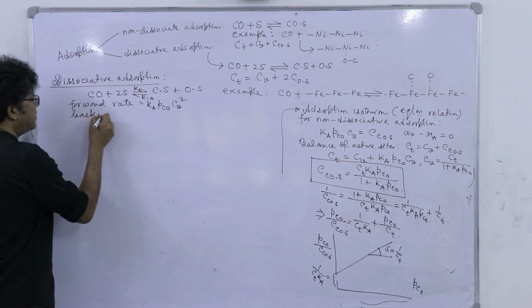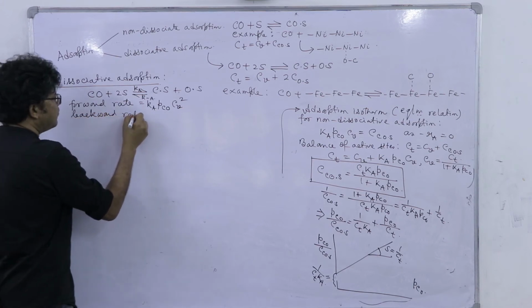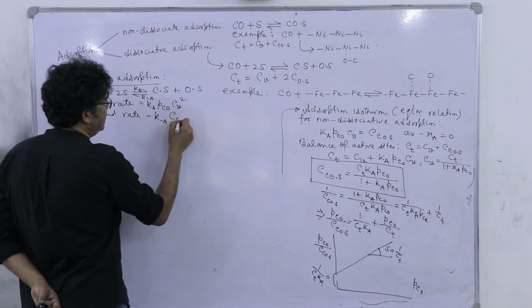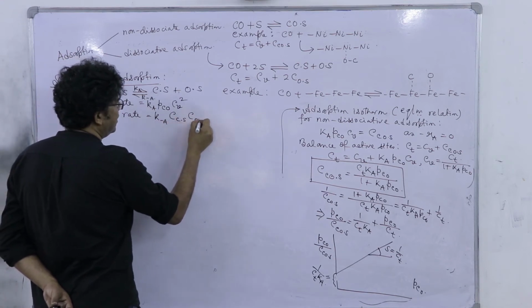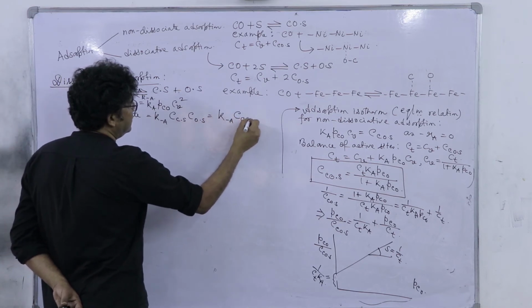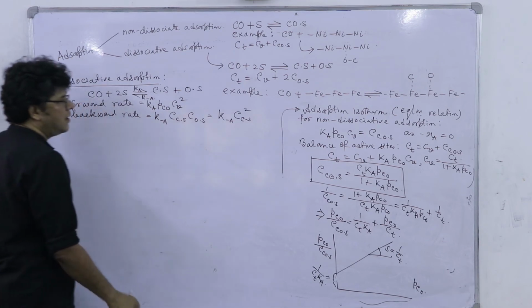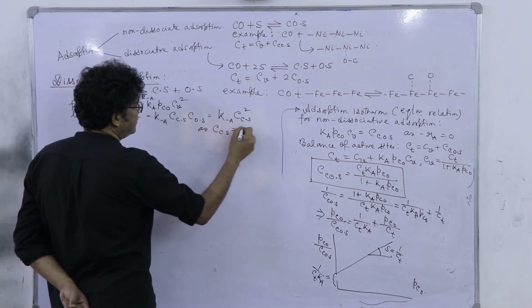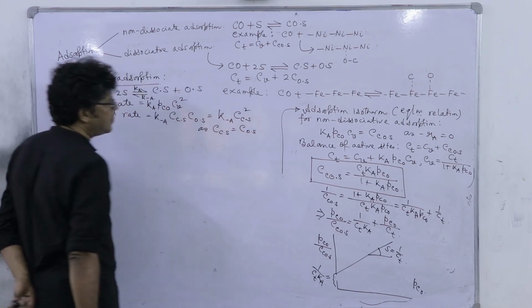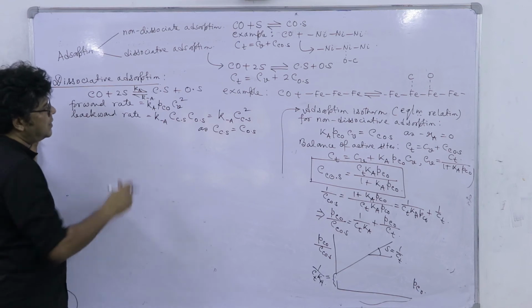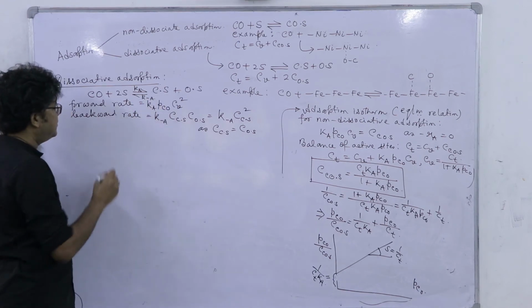Backward rate is K minus A C·S C_O·S, which gives you K minus A C·S square, because following the stoichiometry C·S and O·S are same, right. So, we have the forward and backward rate expressed.